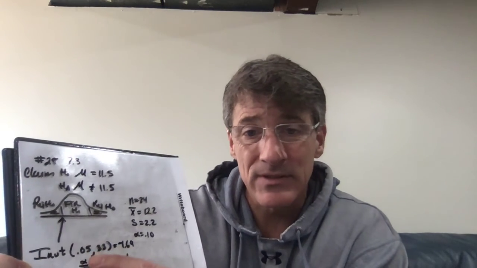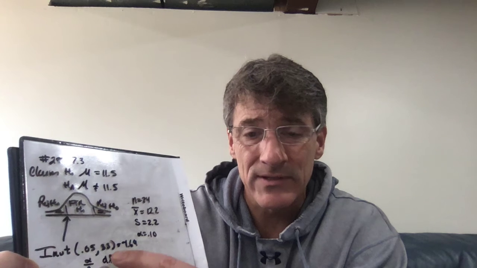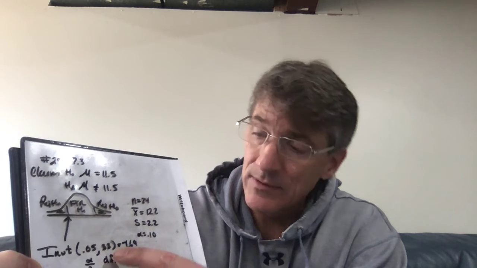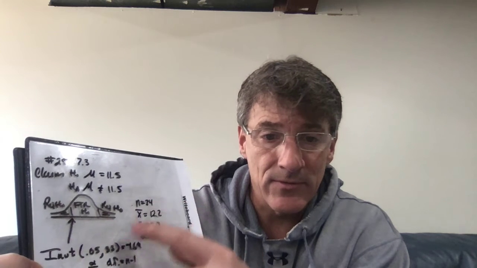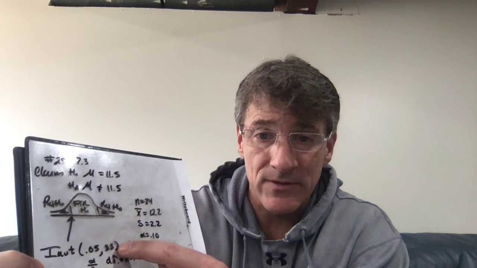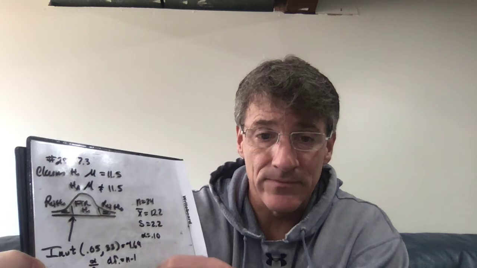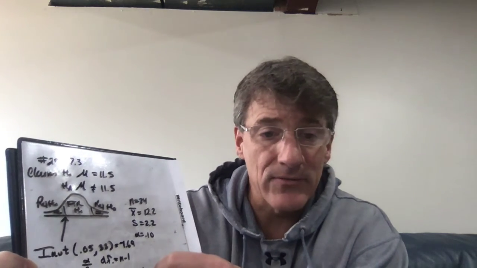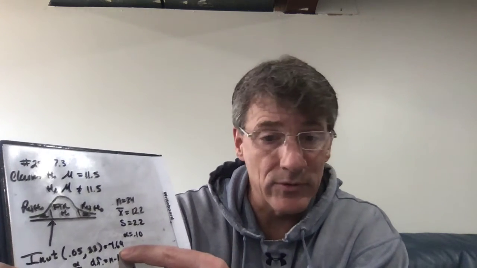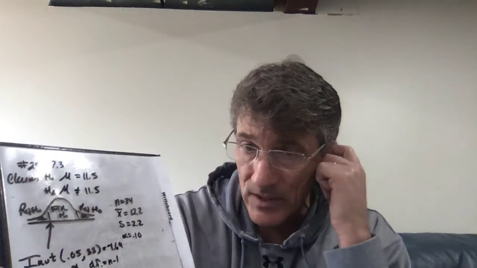The next piece with the t distribution is degrees of freedom, which is the sample size minus 1. Your sample size is 34, so 34 minus 1 is 33. I punch that into the graphing calculator, and I get negative 1.69 in a couple of decimals.